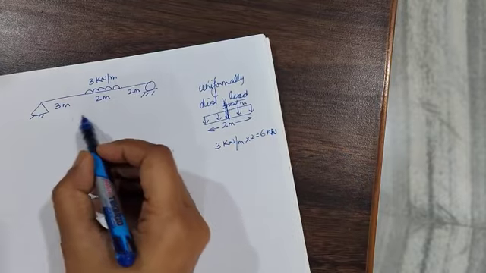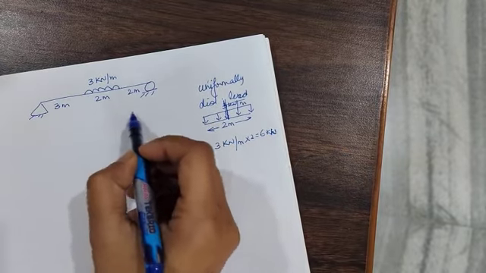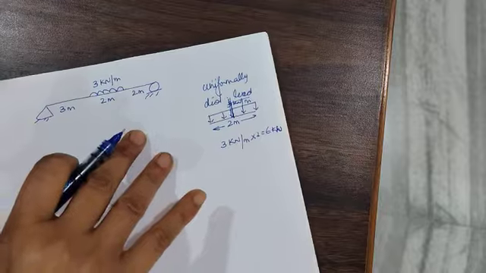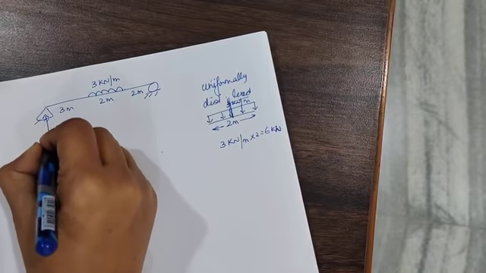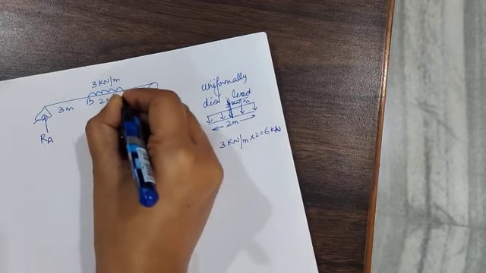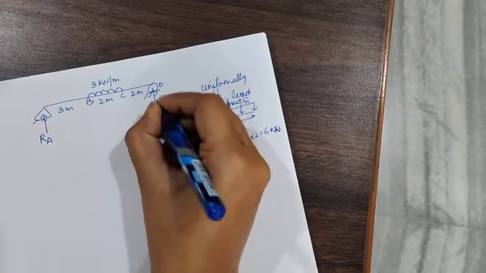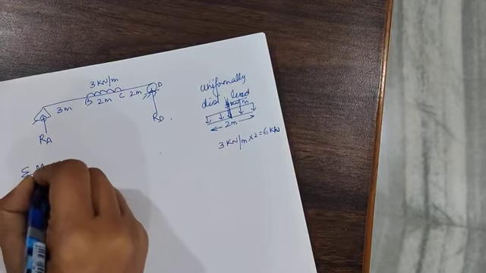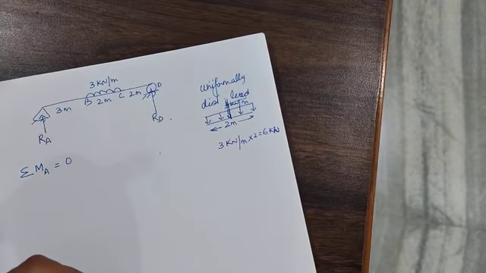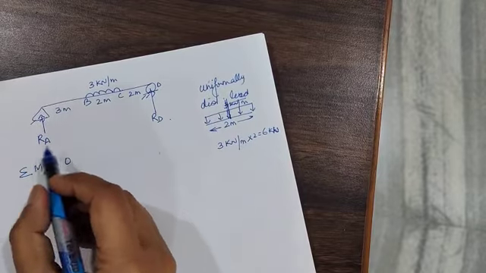So in this case, if we want to draw the shear force and bending moment diagram, the first thing is again calculating the reactions. I am taking this as RA, this is B, C, D. So this is RD. In order to get the reactions, I will take moment at point A equal to 0. So what will be the moment equation?